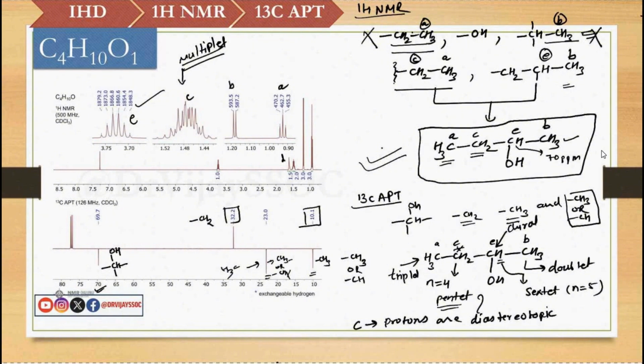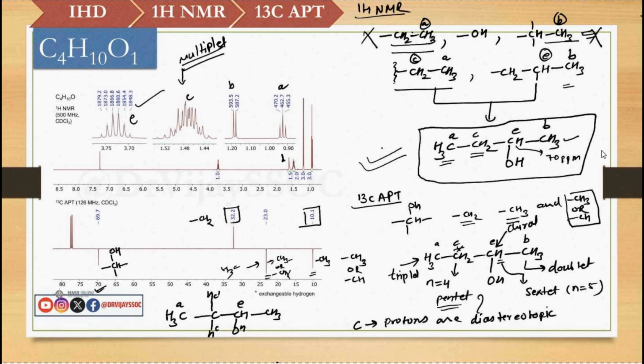Since the C protons are diastereotopic, we can write the structure like this, and then this CH3, this hydrogen is the E proton, and then it will be different. Let's say it would be C dash and C, and this one is the A type of proton.